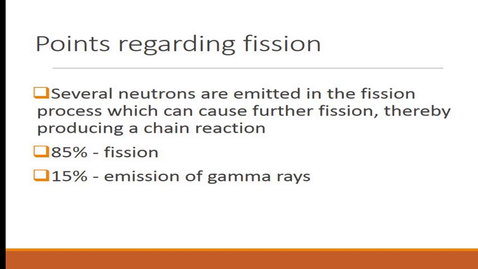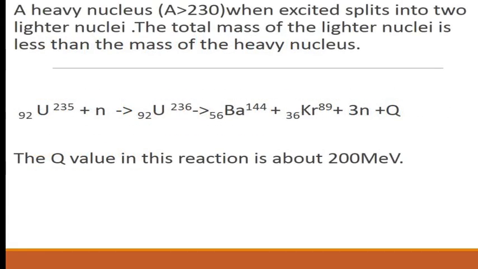So the uranium nucleus will go to an excited state. See the above equation. Here you can see uranium 92-235 is bombarded with a neutron, resulting in uranium 92-236. Now uranium 92-236 is in an excited state, and it will try to attain stability by releasing energy, isn't it?